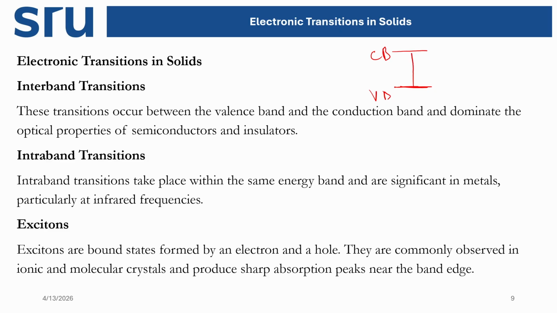This process we call the electronic transition, from the valence band to the conduction band. And previously we discussed that when a hole and electron pair is formed, this state is called an exciton.